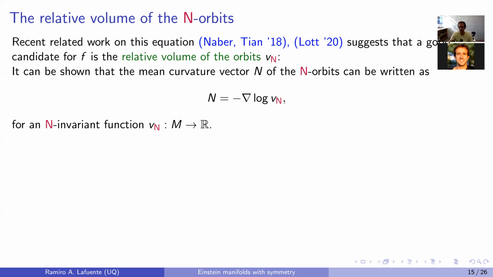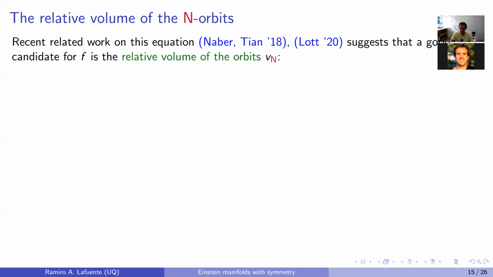Well, imagine for a minute that the orbits were compact. They are not, because N is not compact. Then you can compute the volume, and the gradient of the logarithm of the volume is related to the mean curvature vector. But this actually holds in general.